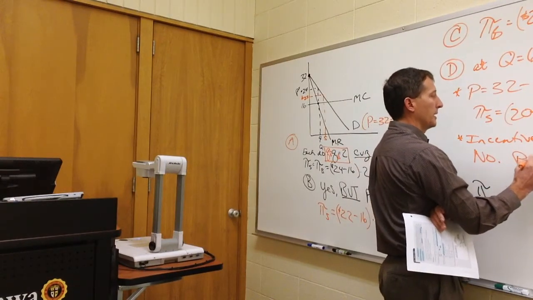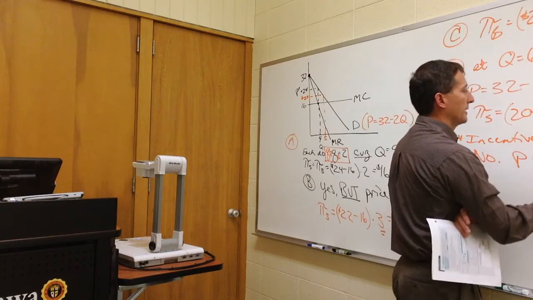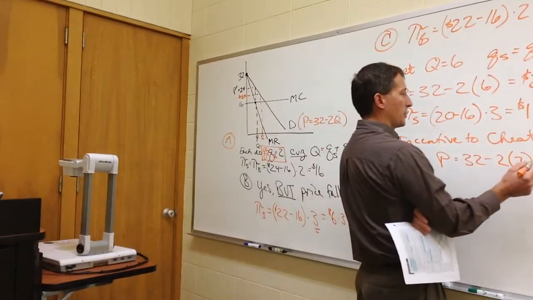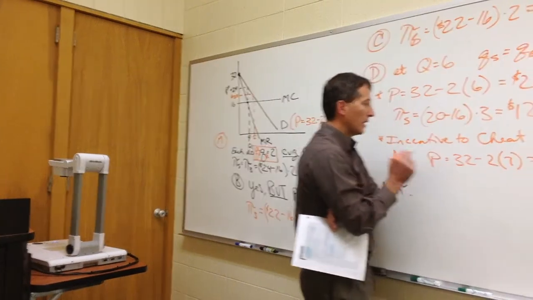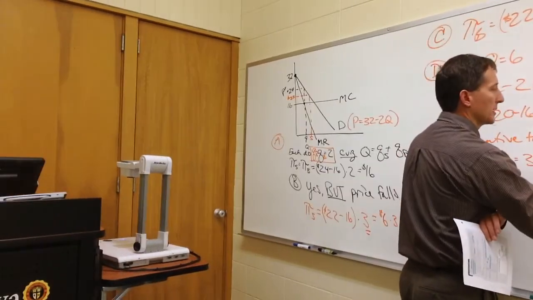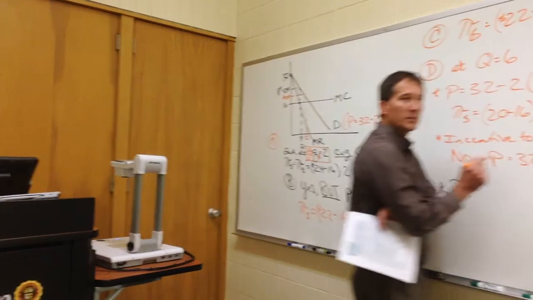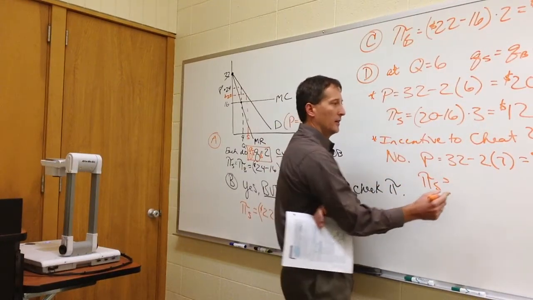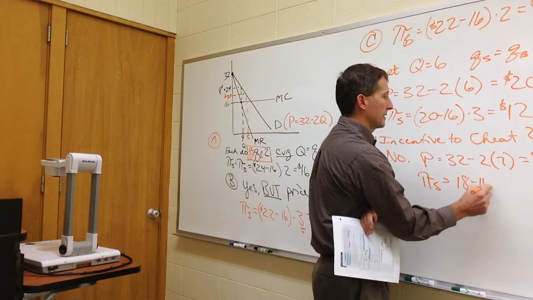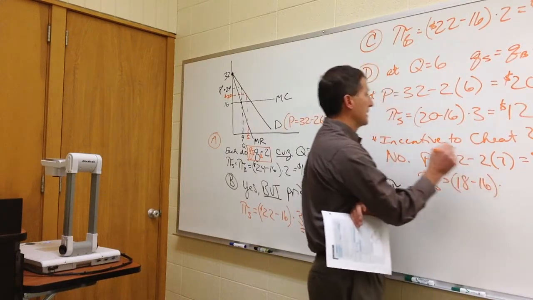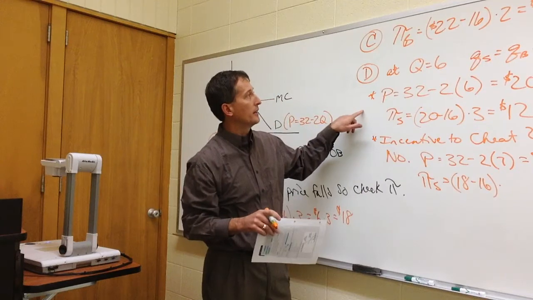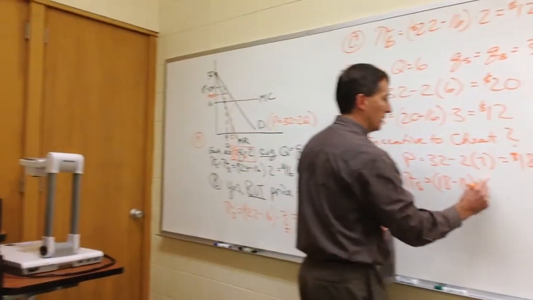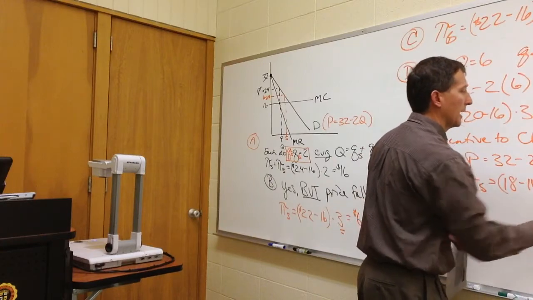Market price then would be equal to 32 minus 2 times 7, which is 14, giving us a price of $18. So price would fall after the cheating. And Squeaky Clean's profit would be 18 minus 16 times the number of units, the cheating number, which would be 4. 4 times 2 equals 8.